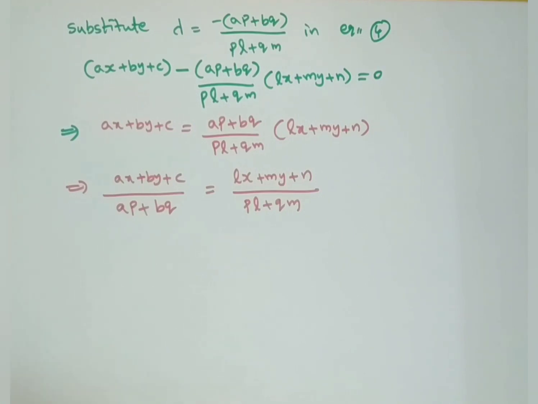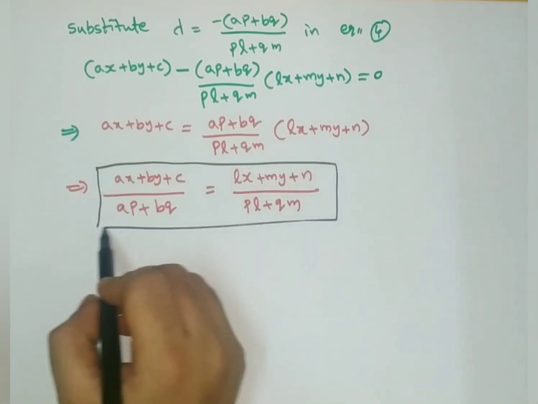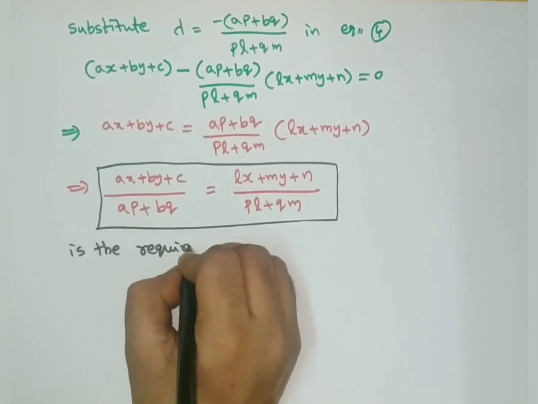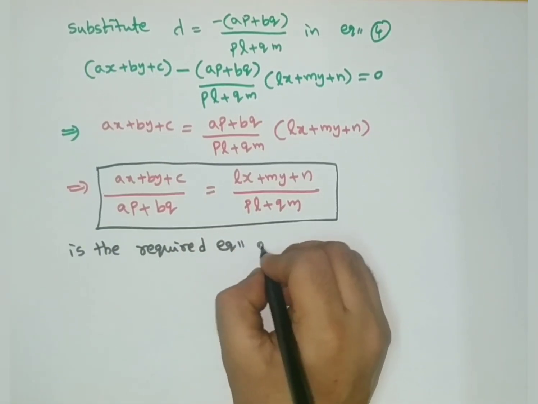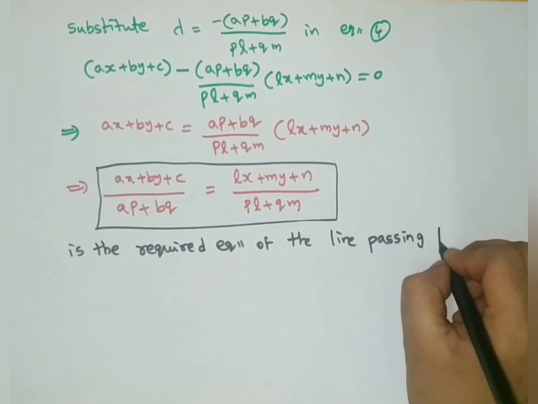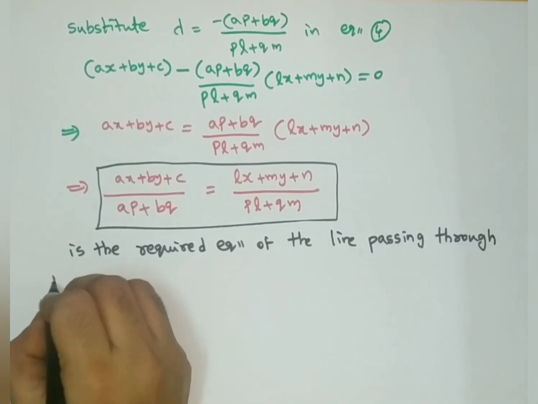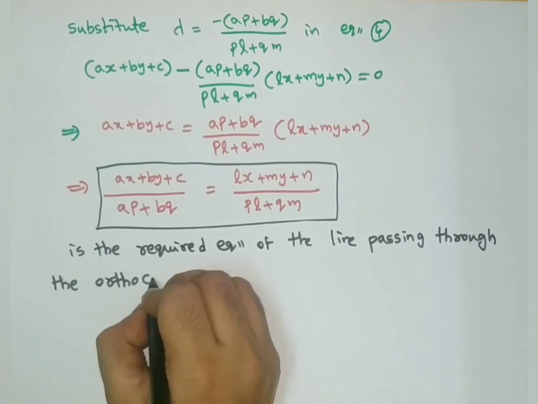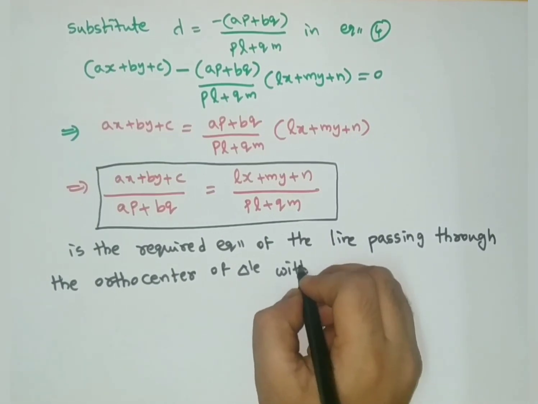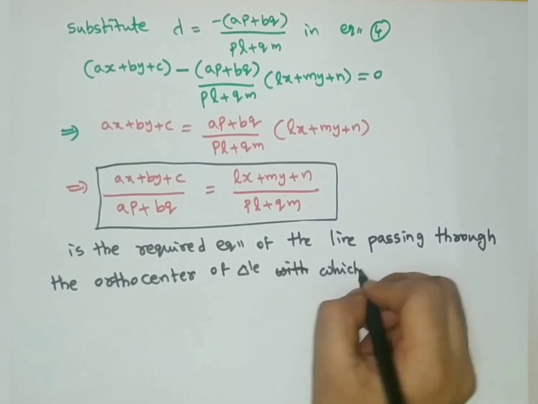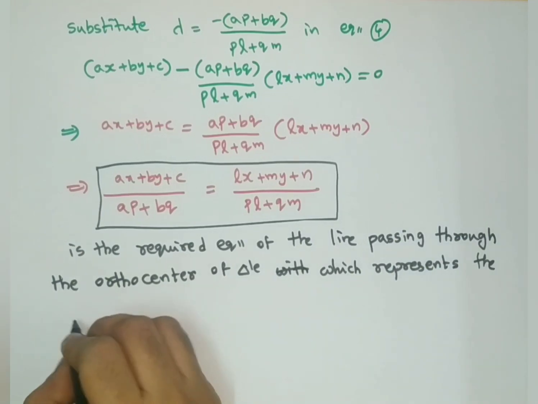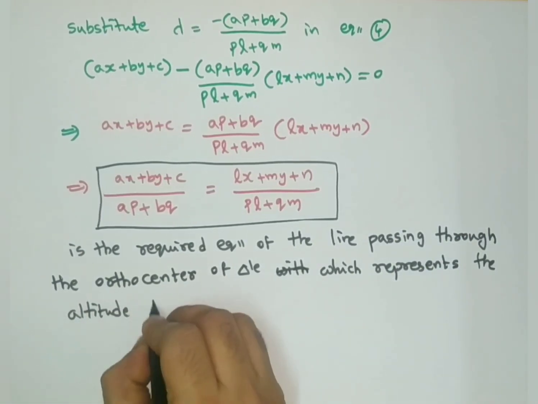So this is the equation of the line passing through the orthocenter; it is the required equation of the line passing through the orthocenter of the triangle, which represents the altitude through A.